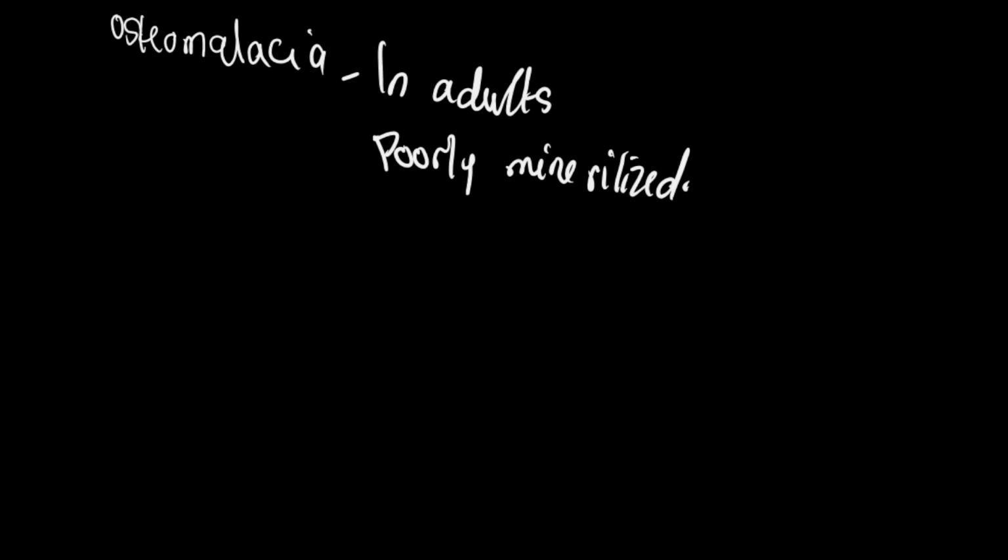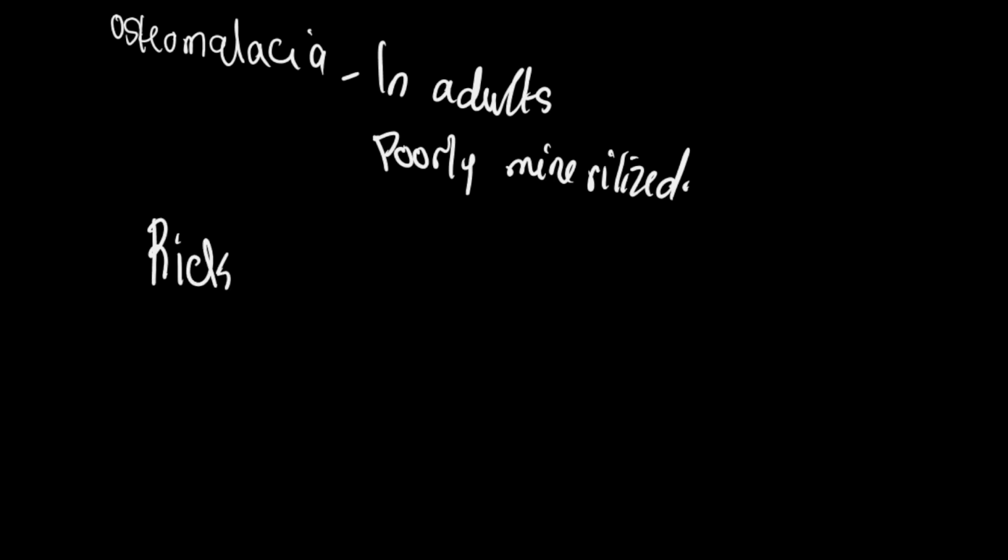We said the inorganic component of bone gives it its rigidity, and the organic component gives it its flexibility. Now, poorly mineralized bone, of course, has less inorganic components, and it means that it is soft and weak.